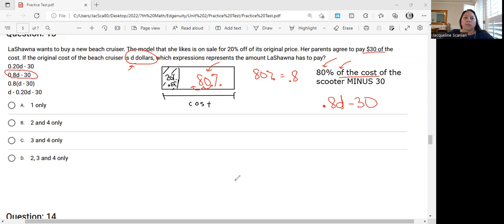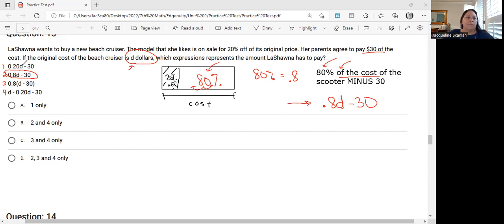That's this expression right here. However, if we look at our answer choices, it gives us a lot of different options. It could be number 1, it could be 2 and 4, it could be 3 and 4, or it could be 2, 3, and 4. So we need to look through these other expressions and see if any of them mean the exact same thing as this.